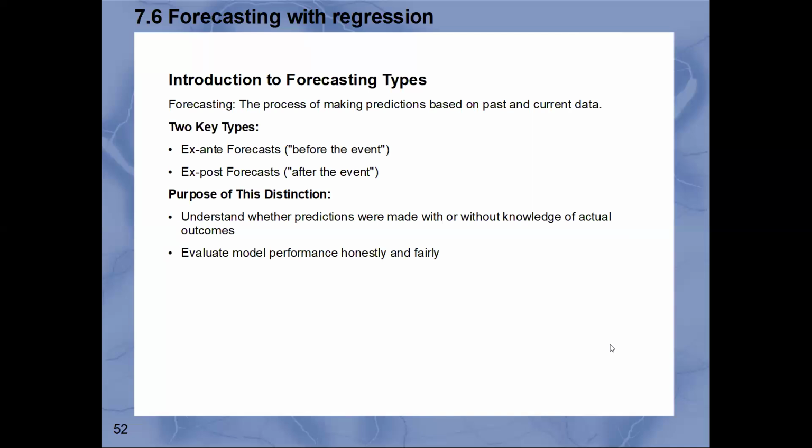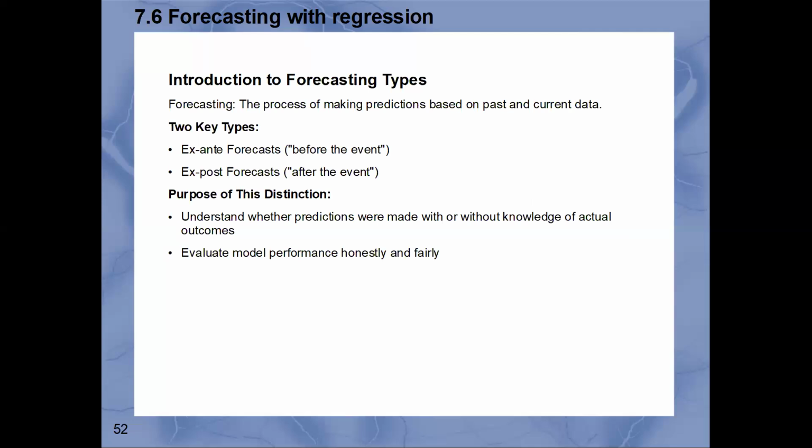So looking at forecasting types, forecasting is the process of making predictions based on past and current data. There are 2 key types: ex ante forecast, which is before the event, and ex post, which is after the event.